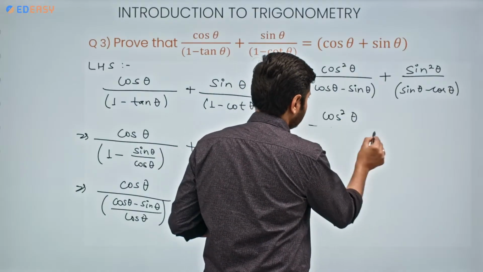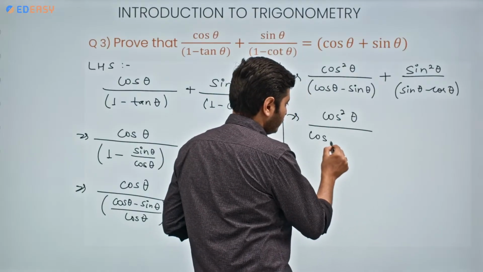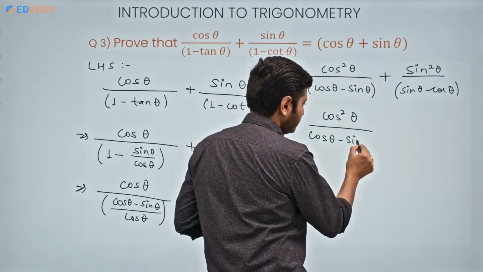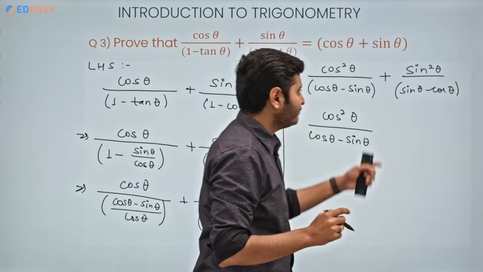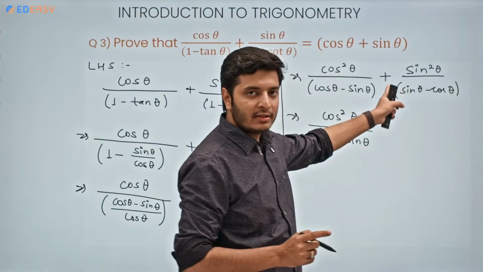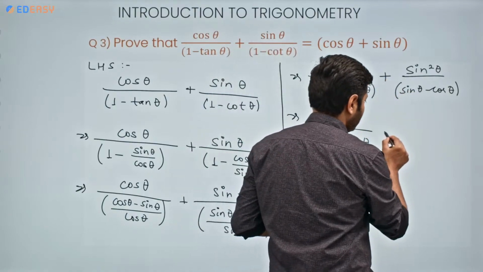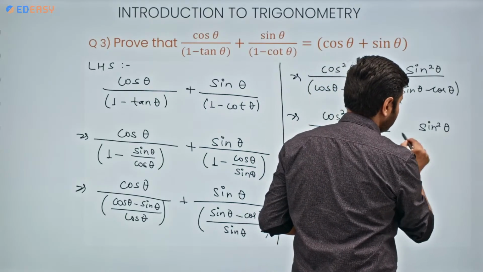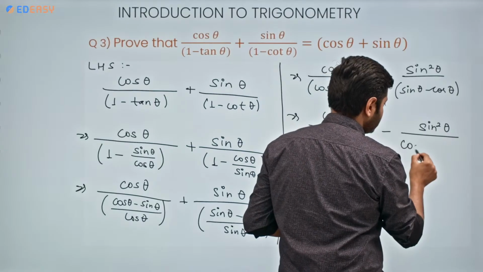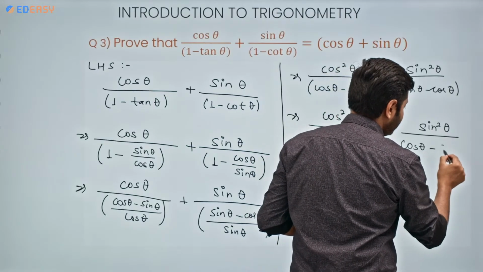Cos square theta by cos theta minus sine theta. If I am taking minus sign common, so I need to put that negative sign here. So it will become minus sine square theta by cos theta minus sine theta now.